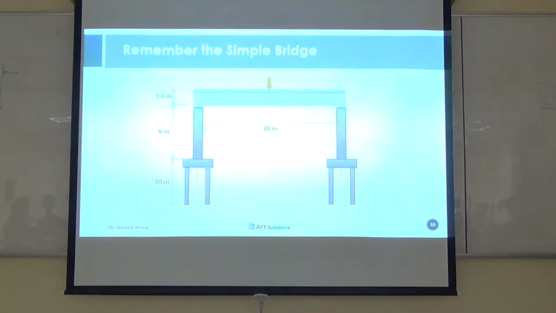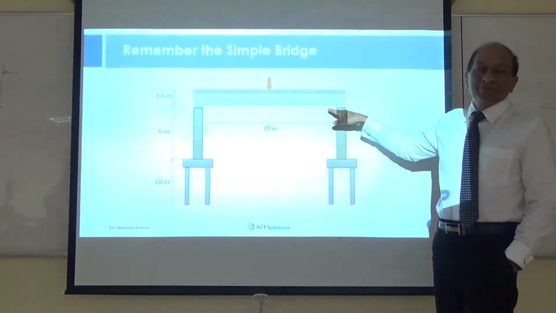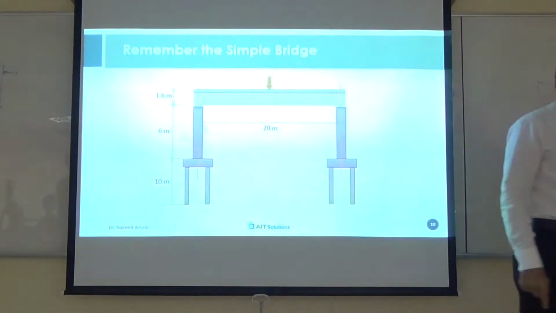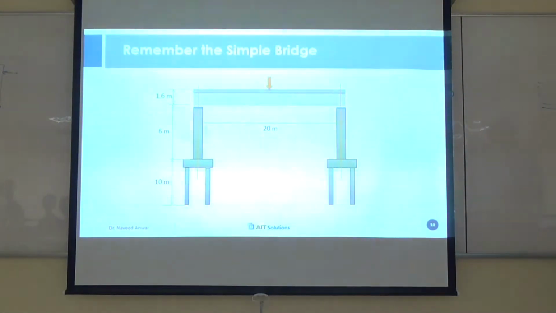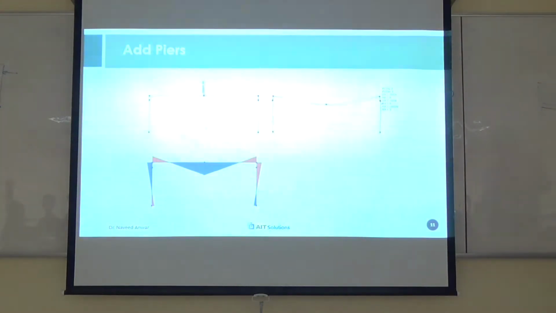So we should remember that we are trying to solve this problem, and that problem was not represented correctly by the line element or line model that we saw with the roller and pin. We should go back to the real bridge to try to find the behavior. Now let's add the piers.